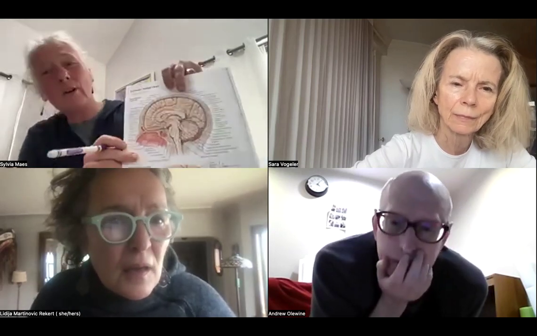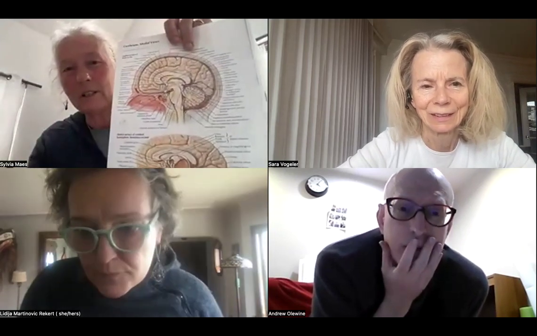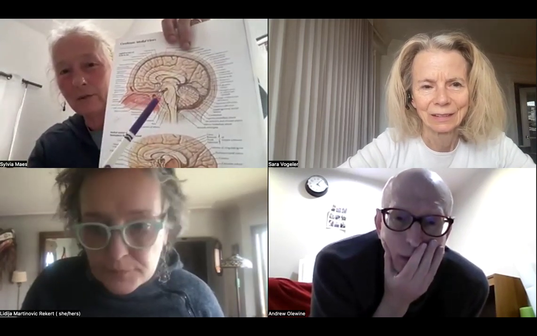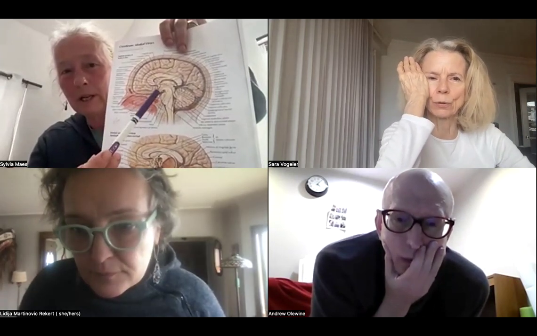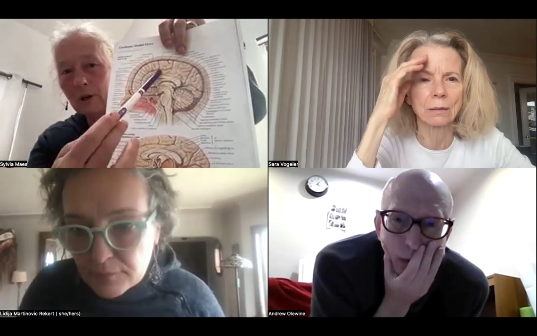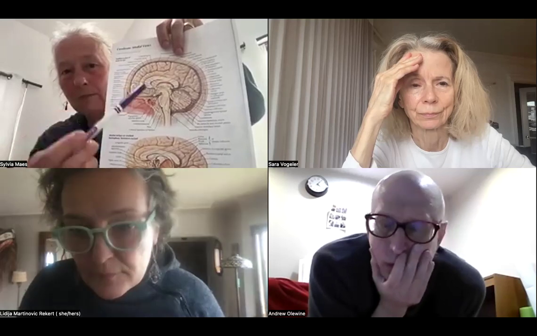It's incredibly difficult to do because I'm trying to turn around while holding it vertical. Okay, so let's see if I can read it. Pituitary, here's the angle, lamina terminalis, corpus callosum. This is the septum pellucidum.